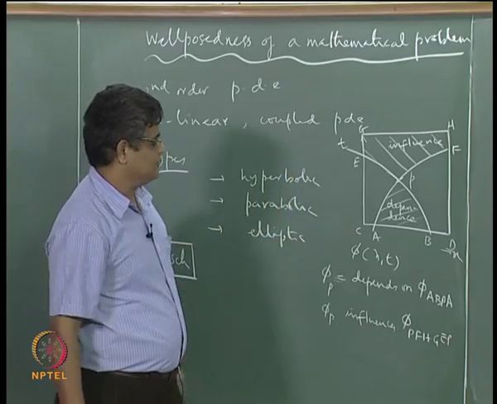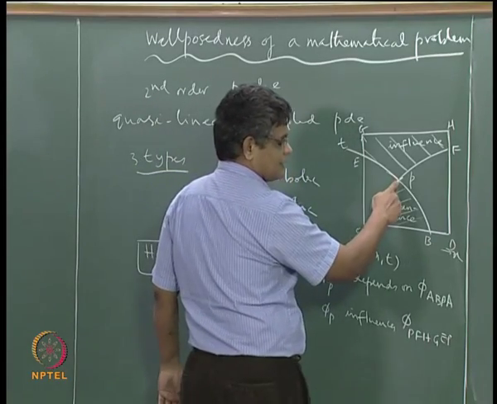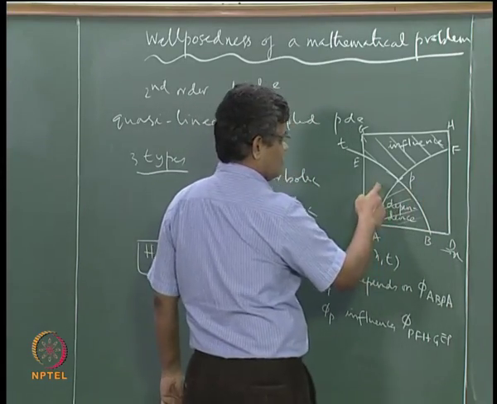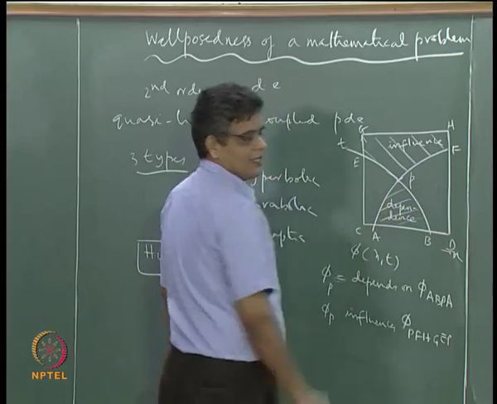What it also means is that the value of phi here does not influence the value of phi in this domain or in this domain, nor does it depend on either of these.